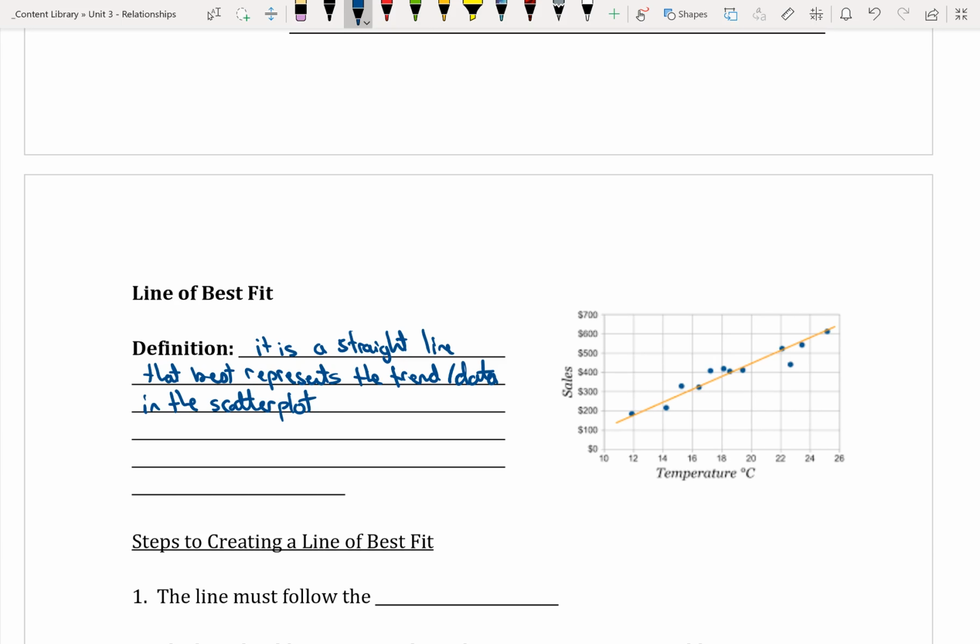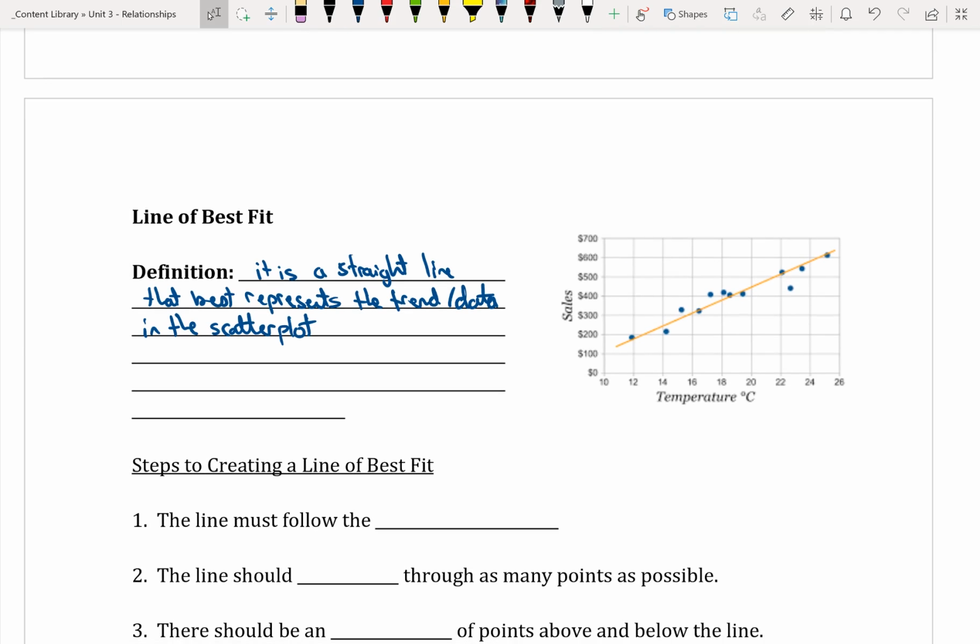So we can see on our graph here, we're looking at temperature and sales. We have a line of best fit in here, and it's that orange line that best represents the trend or the data that we have given to us. And there are a few steps that we want to take into account when creating a line of best fit for our scatter plot.